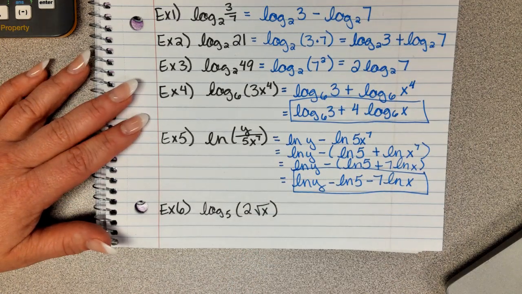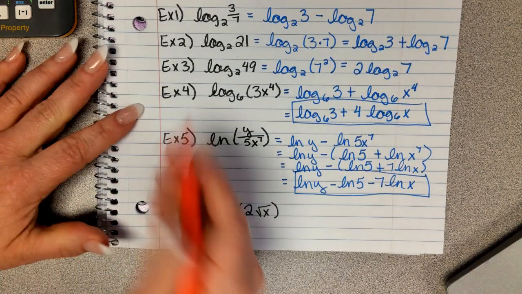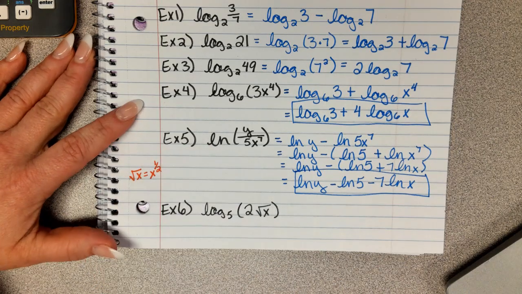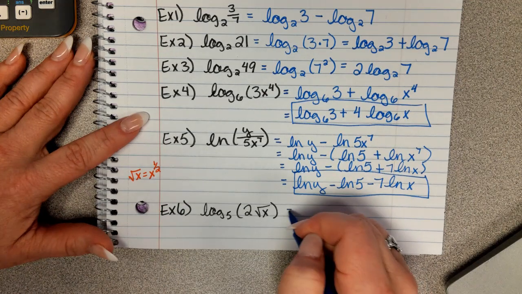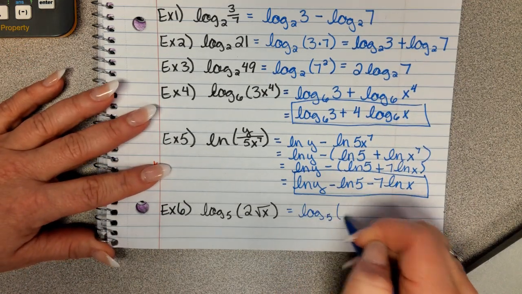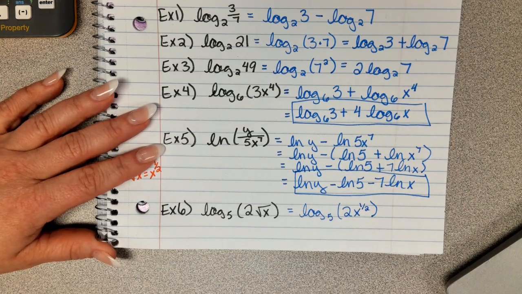Now, the thing to remember is that the square root of x is the same thing as x to the 1/2 power. So I'm going to rewrite this as log base 5 of 2 times x to the 1/2 power.